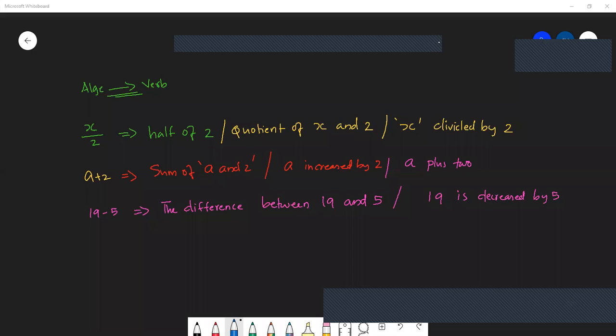Because if you know properly what each term in the question represents, what the meaning of the given expression is, then only you can model that word problem algebraically and solve it. And how can we use these terms for writing answers?